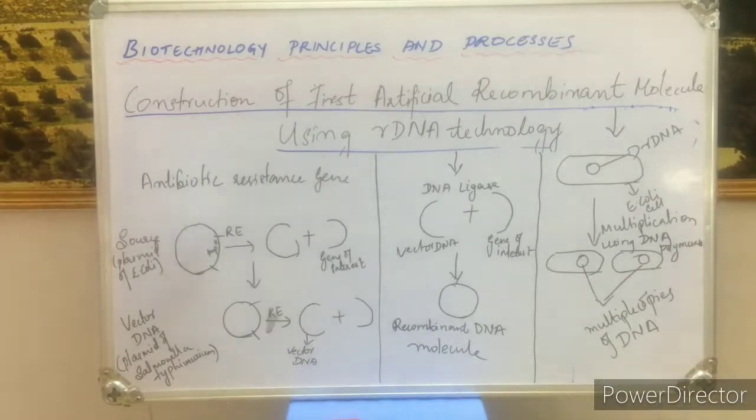Now from the whole plasmid of E. coli, we are going to isolate only the antibiotic resistance gene, that is our gene of interest. How are we going to isolate that? You need to cut this source, the plasmid DNA of E. coli, at specific positions only. We have seen a set of enzymes known as restriction endonucleases or restriction enzymes, which cut the DNA at specific locations.